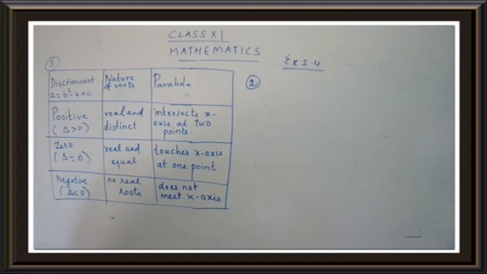So one of the 0s is given. It's a quadratic polynomial. Again here they have given you that it is a quadratic polynomial, so we can apply the rule over there.